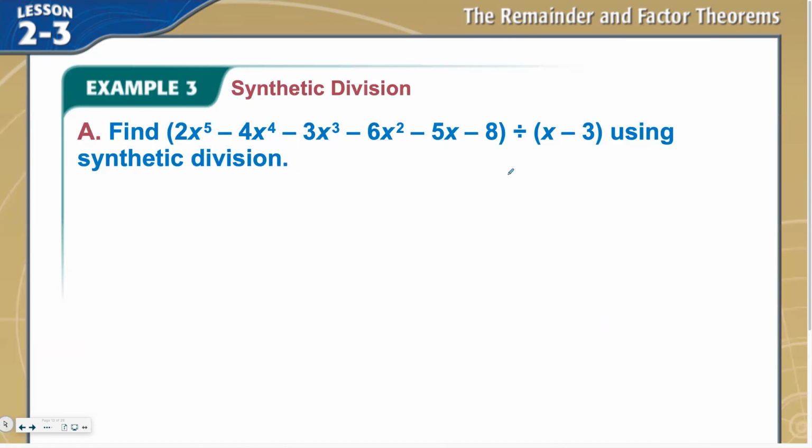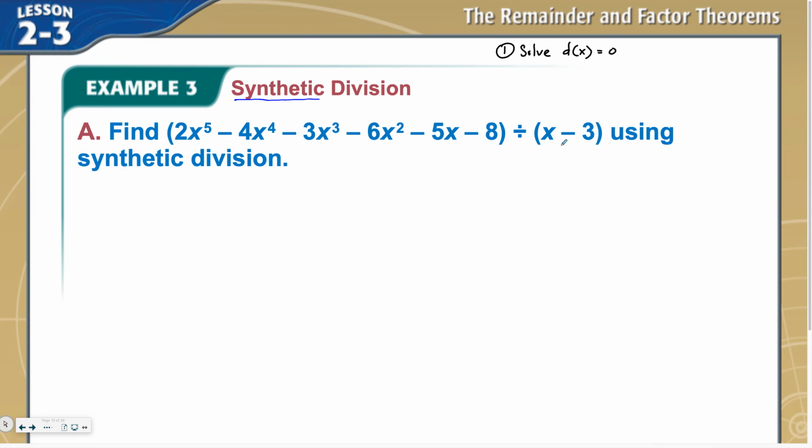Here are my steps as we go. Step number 1, using synthetic division, which is a shorter way to solve these: solve the divisor, d of x equals 0. You can only do synthetic division if you can solve the divisor for x.